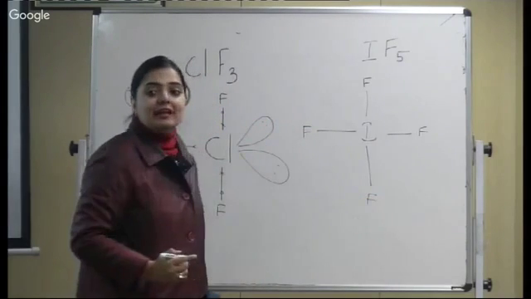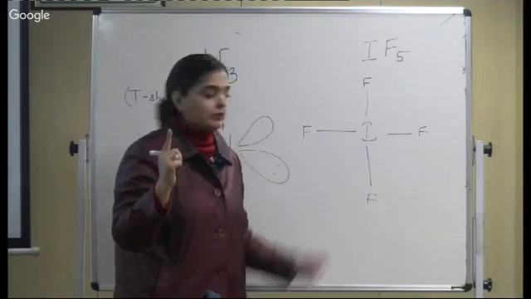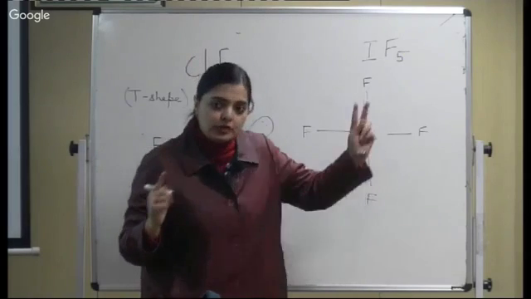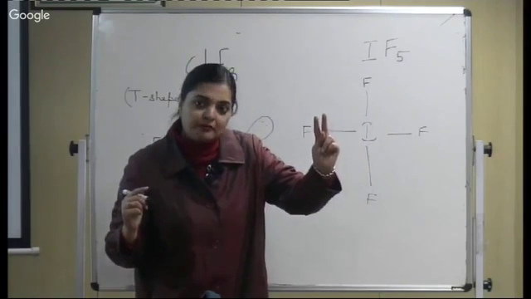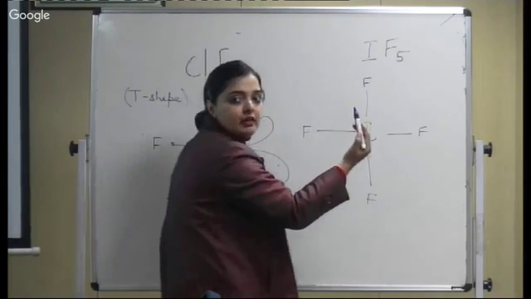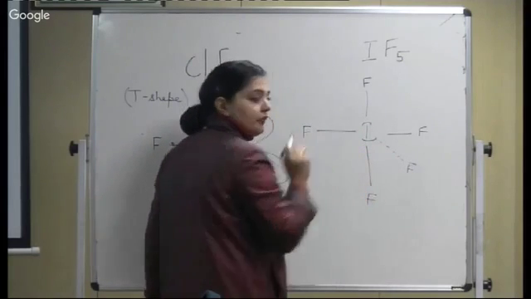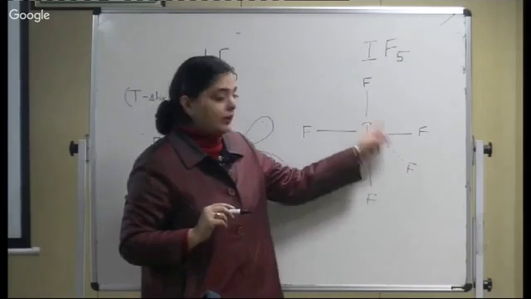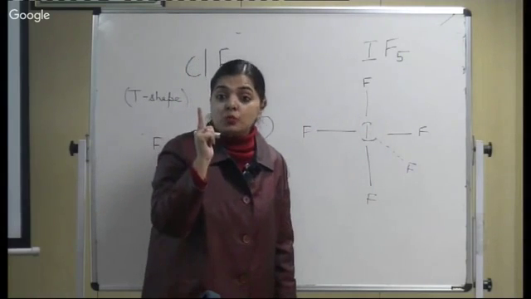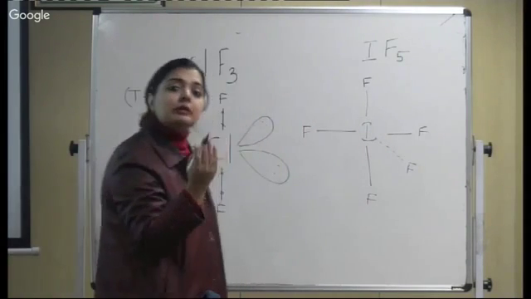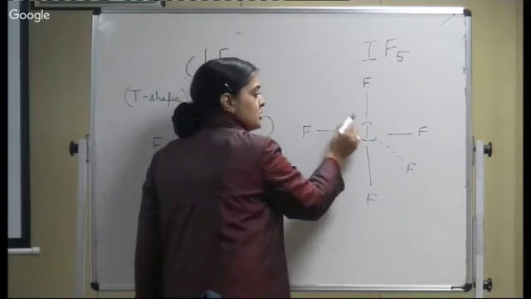Now it is left with one more fluorine, one towards you above the blackboard. The fluorine is here, and there remain 2 electrons which will be taken up as one lone pair, which will be behind the whiteboard.